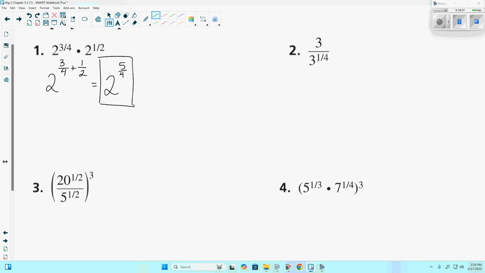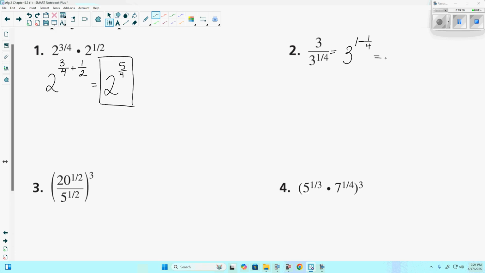Questions on number 1? Number 2, 3 over 3 to the 1/4. 3 divided by 3 to the 1/4. When we divide like bases, we subtract our exponents. Now, this one and the last one we had, the numerator's exponent was 1. It doesn't have to be. We can have it be whatever we want.